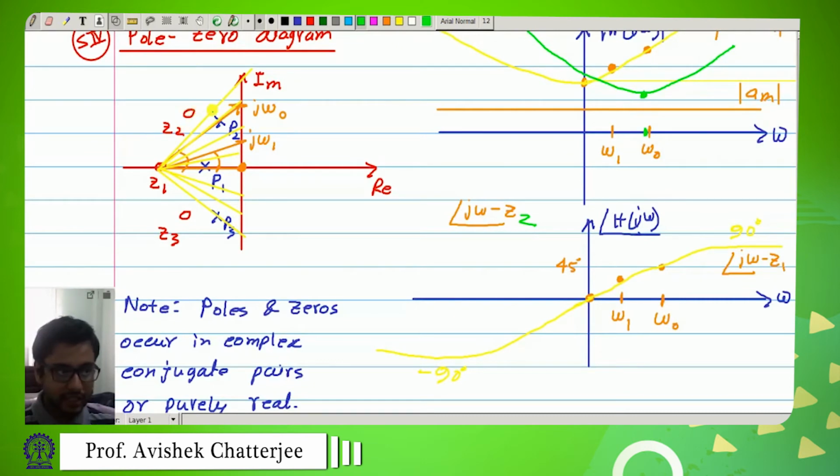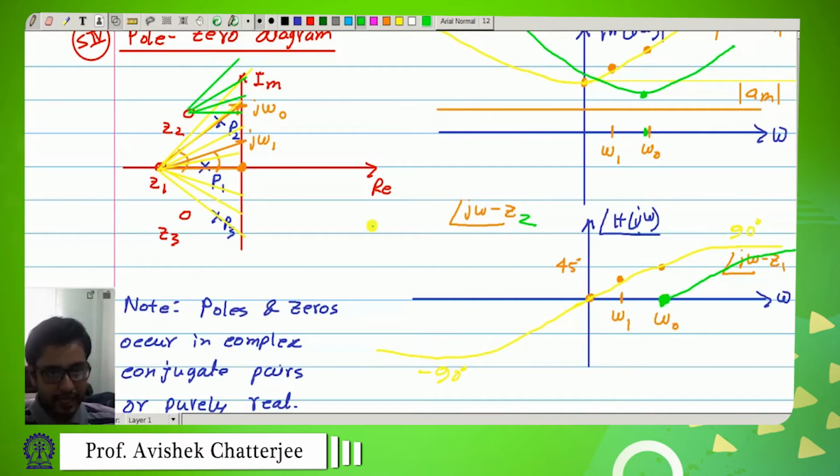Then for that you have to draw vectors starting from z2 like this, and so on, and you can see this angle will be 0 for omega close to omega naught. Somewhere here the angle will be 0, and after that the angle will increase, it will go towards plus 90.